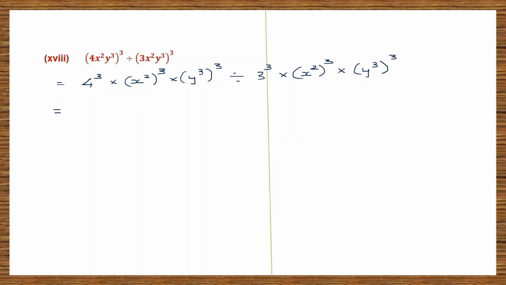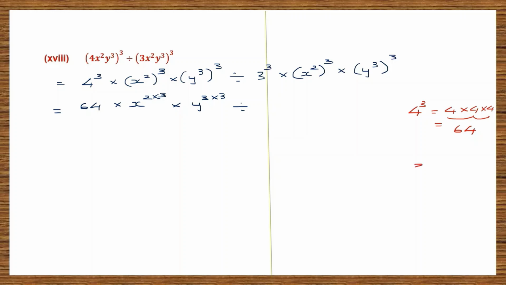So let's multiply. 4 raised to the power of 3 will be 4 into 4 into 4. So how much is this? 4 4s are 16. 16 4s are 64. So the first one we got as 64 into, now x to the power of 2 raised to the power of 3 means x to the power of 2 into 3 into y to the power of 3 into 3, divided by, now here we have 3 raised to the power of 3.